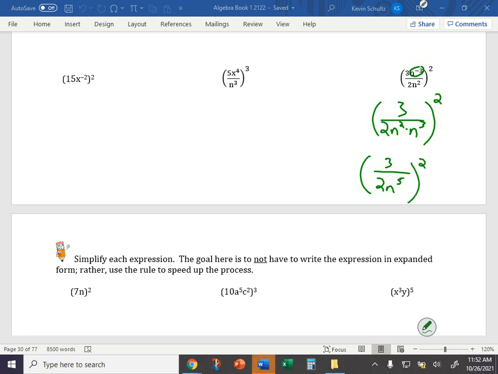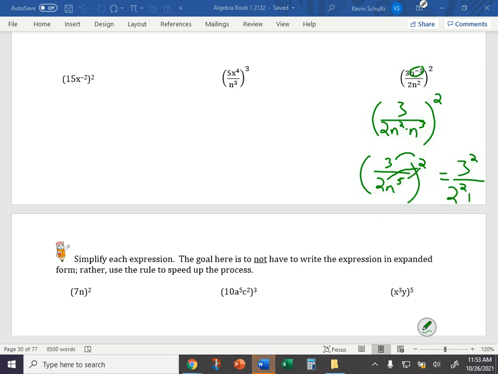And so now, when I distribute in that power of 2, instead of having a negative power to deal with and multiple n bases, I really just have a 3 in my numerator. So that gives me 3 squared. That 3 just takes on the power. In my denominator, I've got my coefficient of 2, 2 squared.